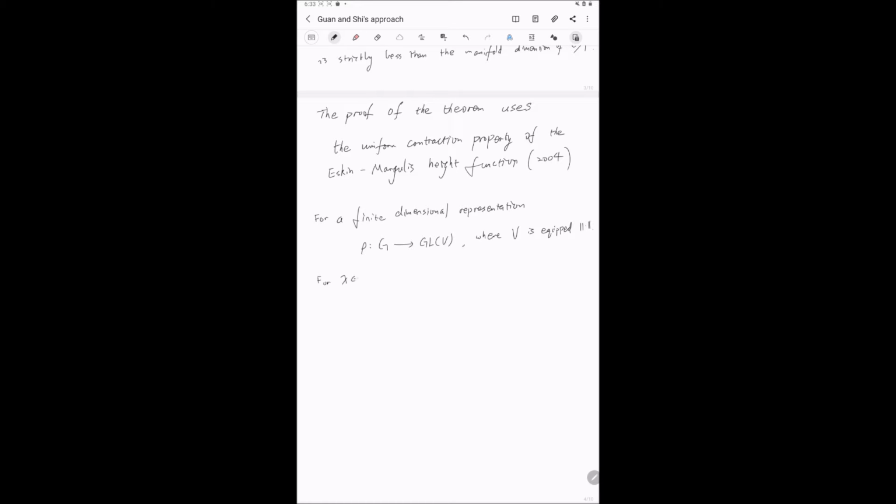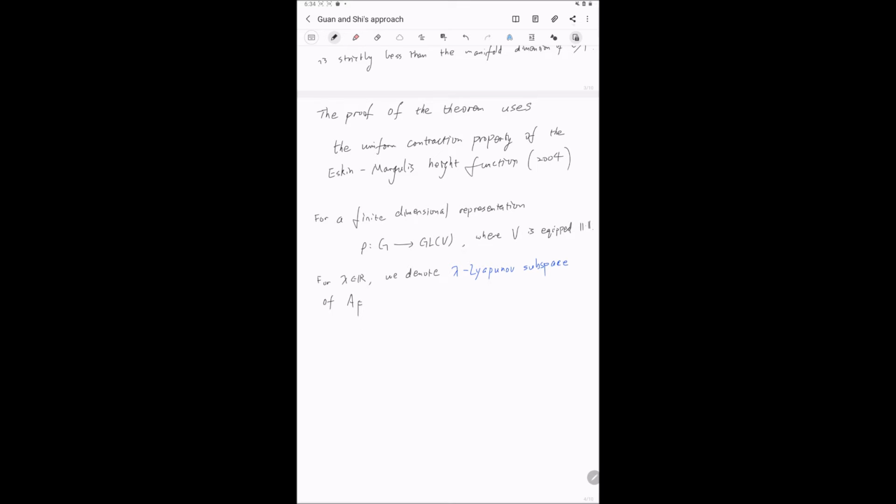For a real number lambda, we denote the so-called lambda Lyapunov subspace of A sub f.